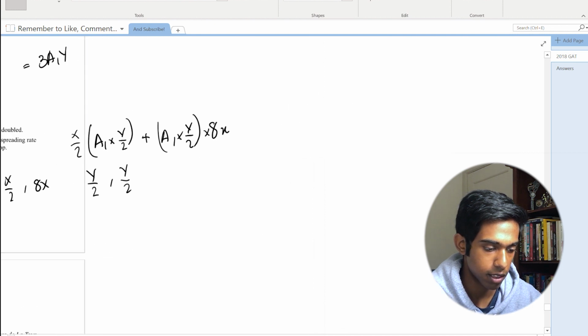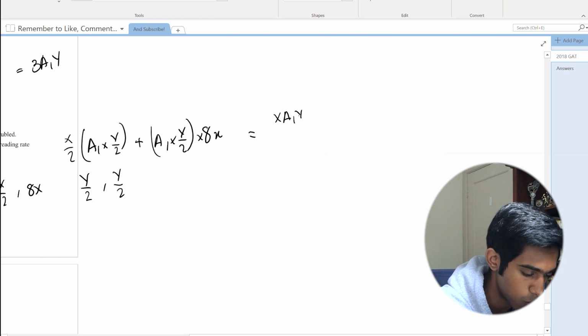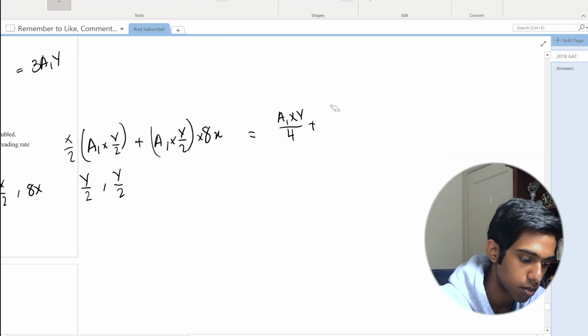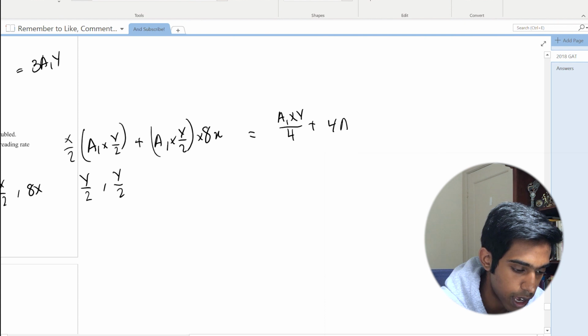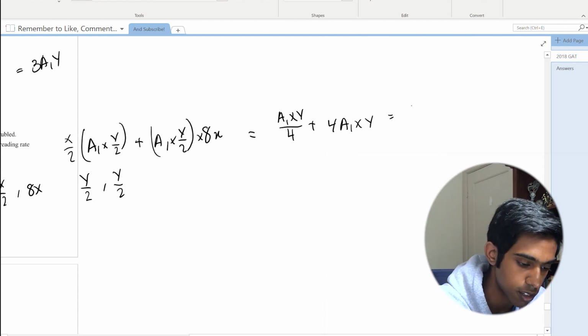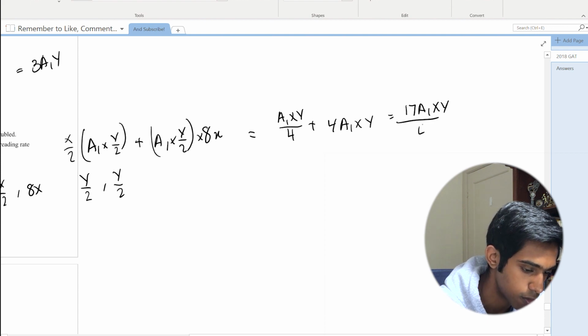And that will give us, in 2016, A1xy on 4 plus 4A1xy. And we probably want this to be an improper fraction, so we'll just get 17A1xy on 4.